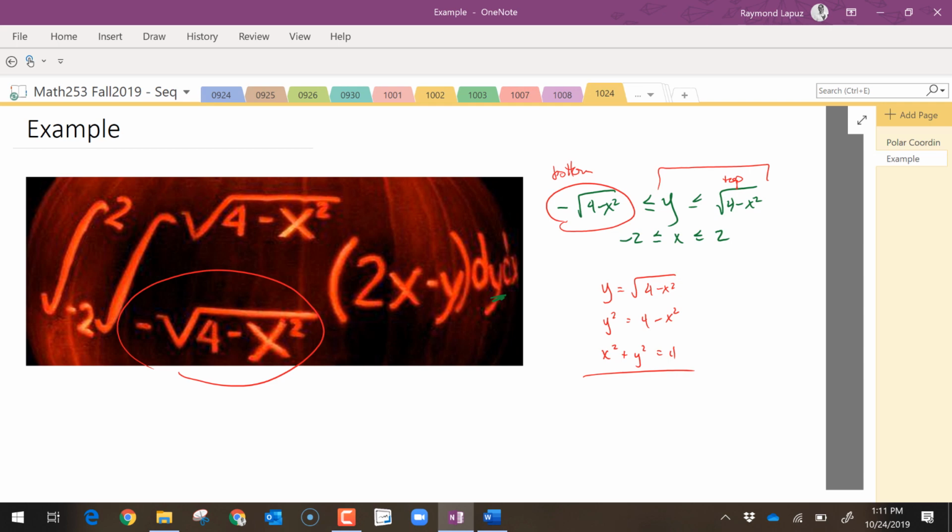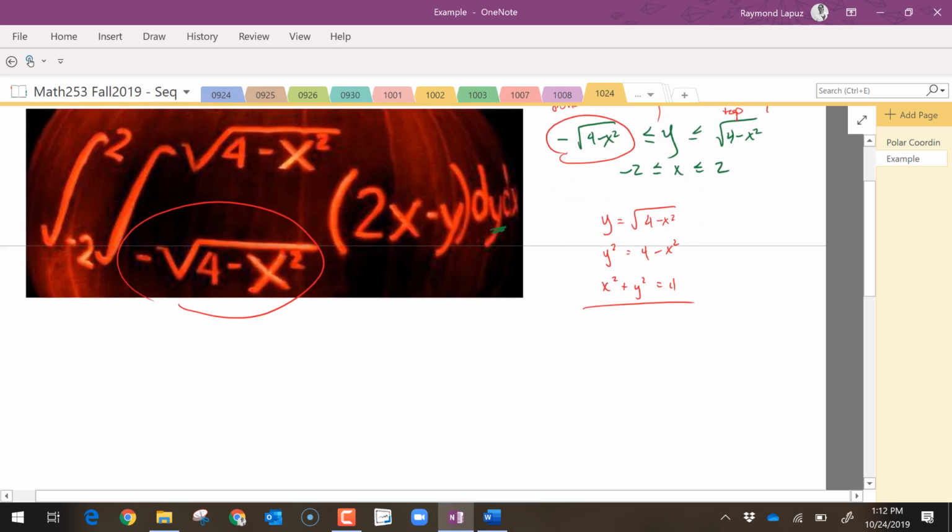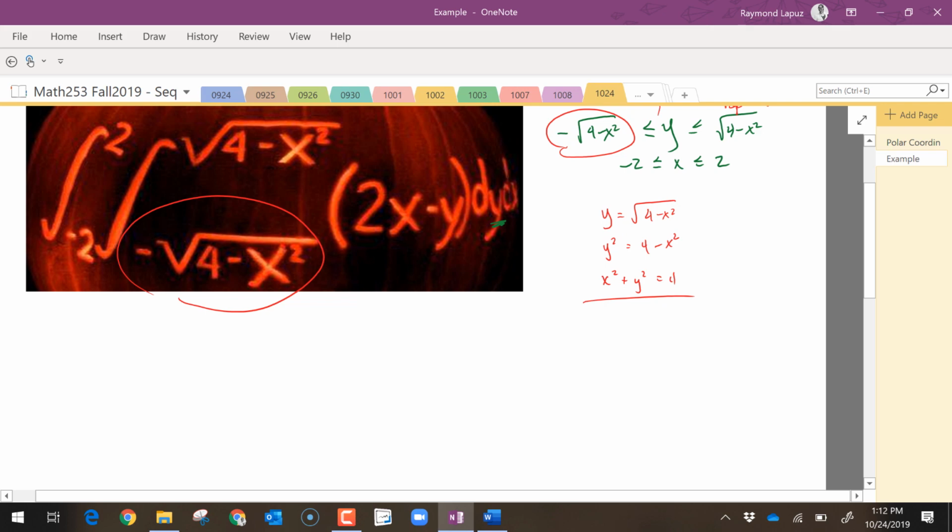And then your x limits tell you where to start and where to end, and conveniently enough, it goes from negative 2, the edge of one circle, to positive 2, the edge of the other. And so this region that we're integrating over is just a full circle.